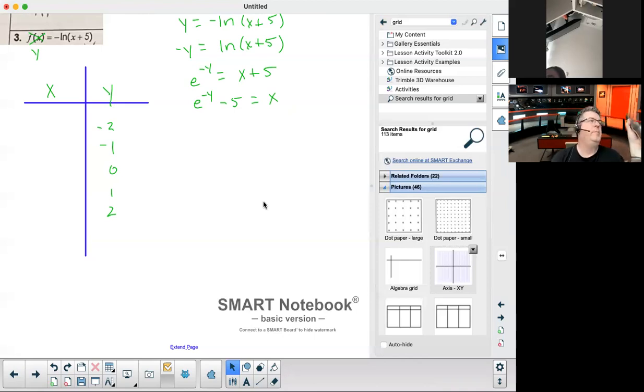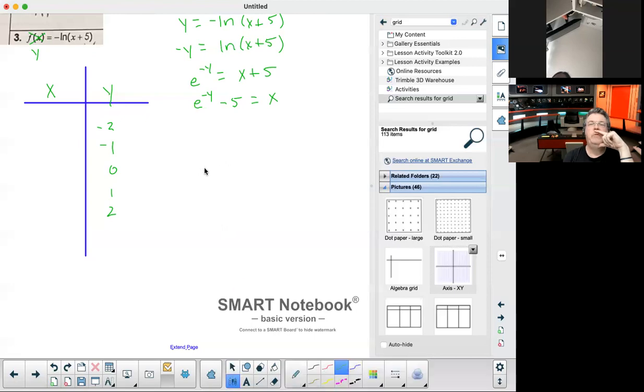Okay. But when I plug it into my calculator and I put e to the negative y, I don't get the number. So in your calculator, it should be e to the negative y, then minus 5. So if I were to use the y value of -2, and then -5. So you're not going to get -1.099.